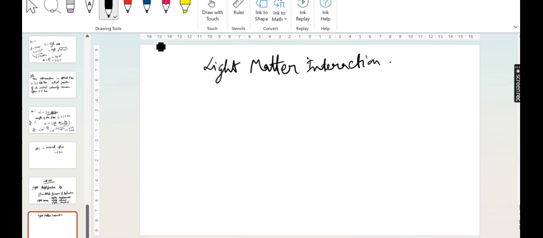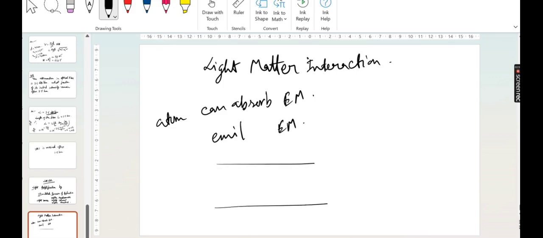So basically an atom can absorb electromagnetic radiation, and also it can emit electromagnetic radiation. So basically you see that if this is E1 and this is E2, an atom gets electromagnetic radiation, the atom absorbs it and it goes into the upper state E2.